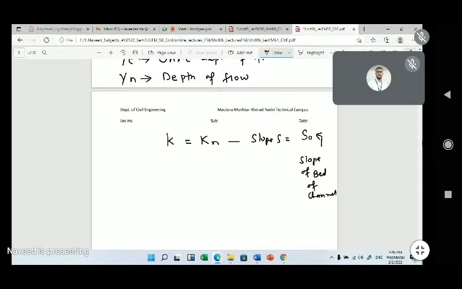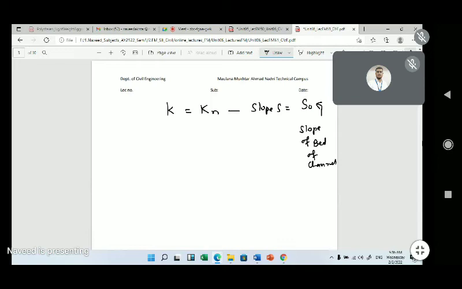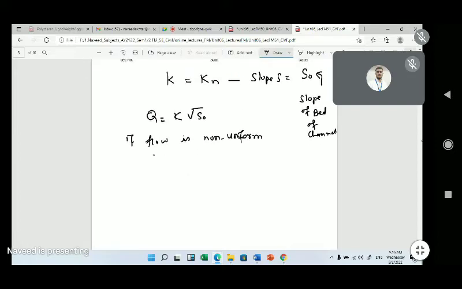So what will be the equation now? Q is equal to K times under root of S0, and if flow is non-uniform, meaning the depth and velocity both are changing along the flow, then S is equal to SF.